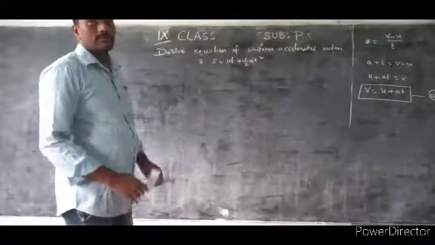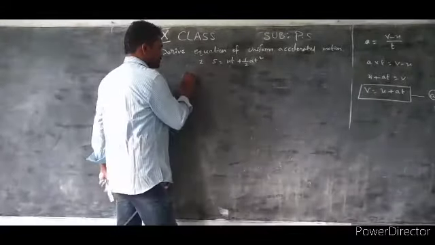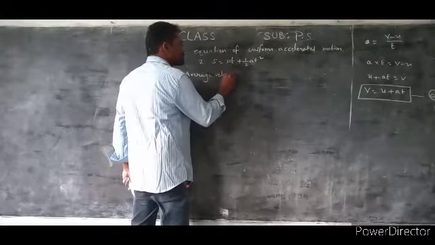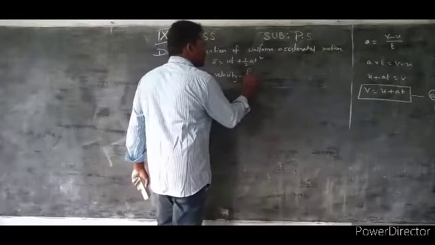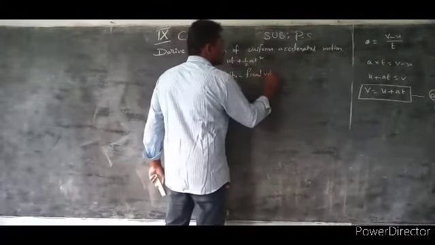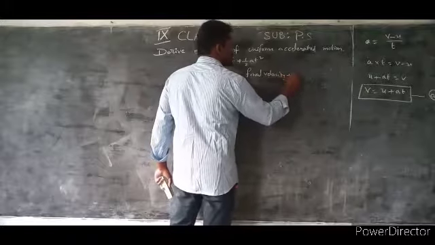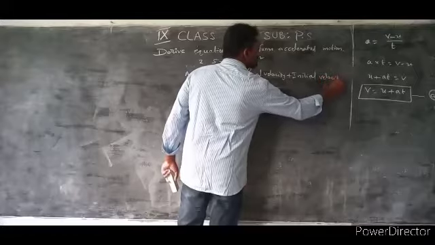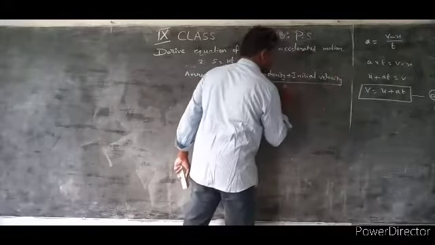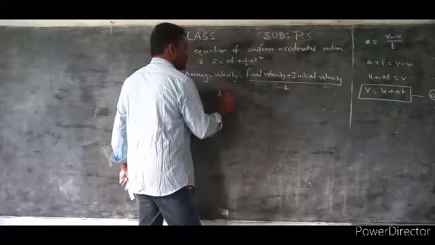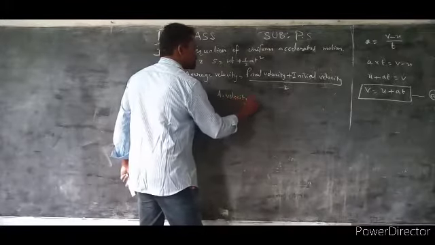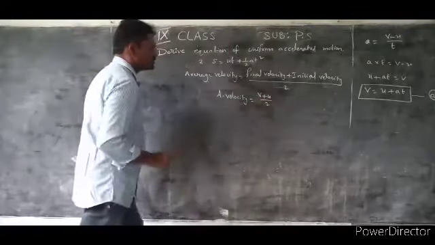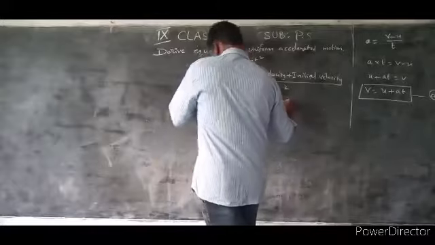From the definition of average velocity, average velocity is equal to final velocity plus initial velocity by 2. Therefore, average velocity is equal to v plus u by 2. This is equation 1.